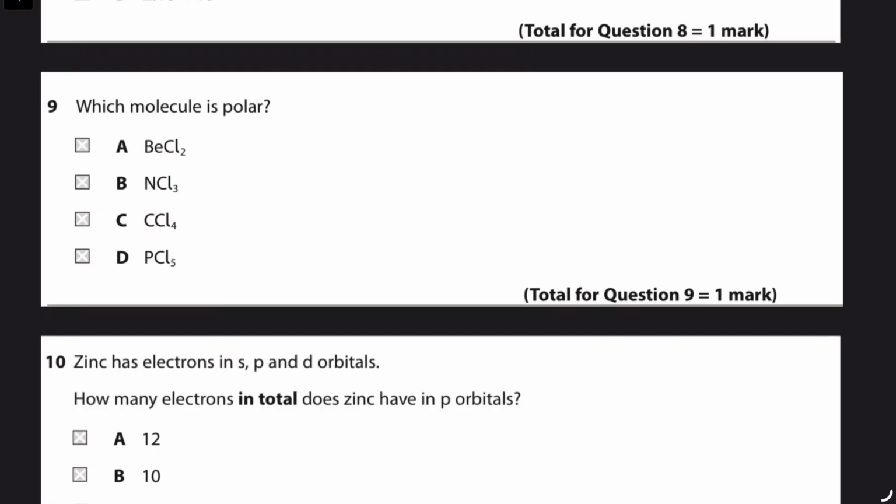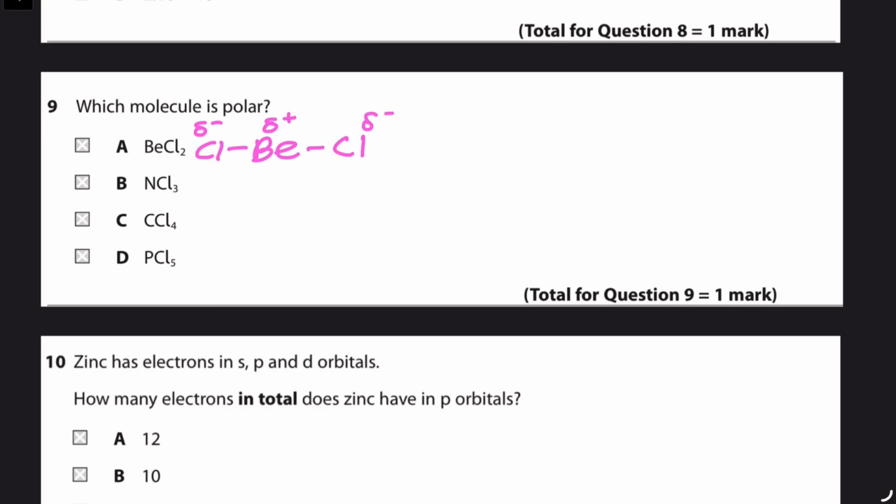Question number 9. Which molecule is polar? Polar molecules have an overall dipole moment. Therefore, the easiest way is to look at the shape of the molecule and see whether the bond dipoles cancel out. Beryllium chloride is a linear molecule. Chlorine is more electronegative than beryllium, so chlorine has a delta negative charge and beryllium has a delta positive charge.